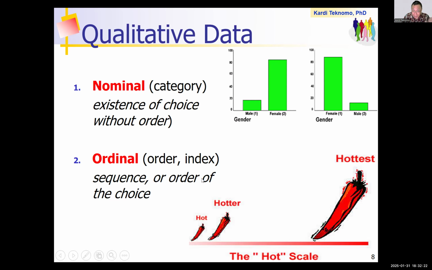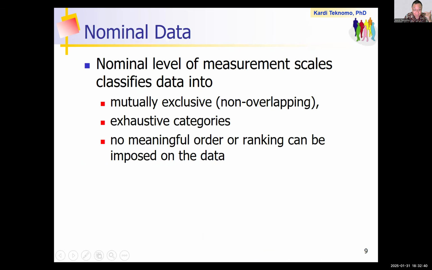Next is ordinal. So ordinal data have order, have sequence. For example, hotter to the hottest. So there's a Likert scale, 1 to 5, for example, preference. So the characteristic of nominal data is usually mutually exclusive, non-overlapping, and exhaustive categories.